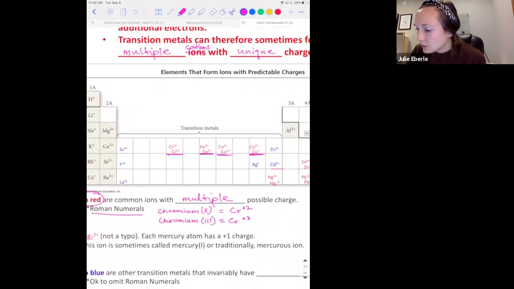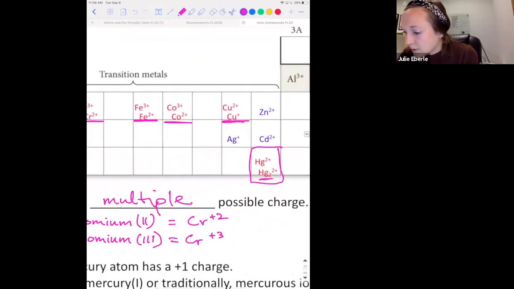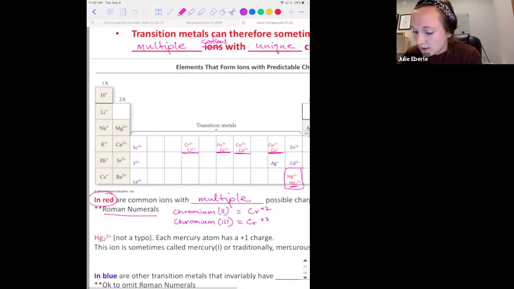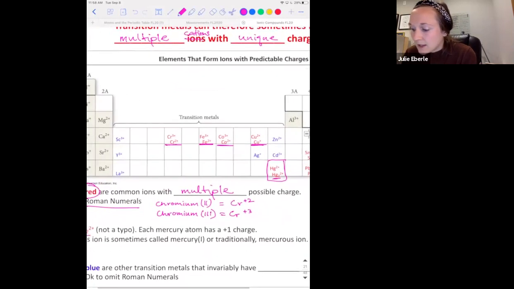Also, you'll notice mercury has 2 different cations listed, but the charge is not what's different overall. It's the number of mercury atoms involved, which is really weird. It's the only one that does this. So Hg2 +2 is not a typo. It's 2 mercury atoms, and they're locked together, and each one has a +1 charge.